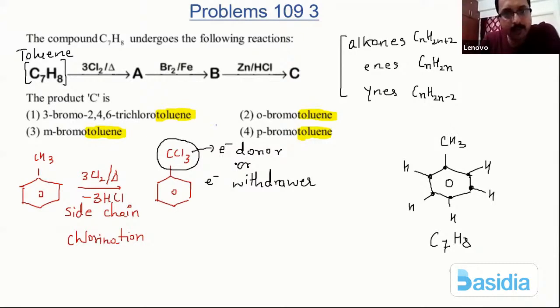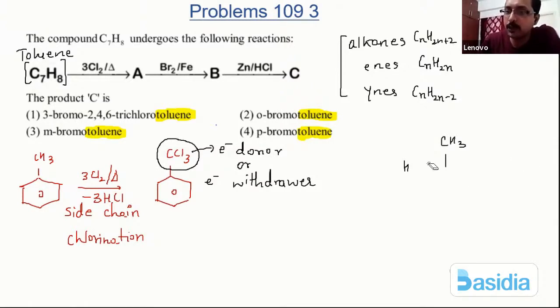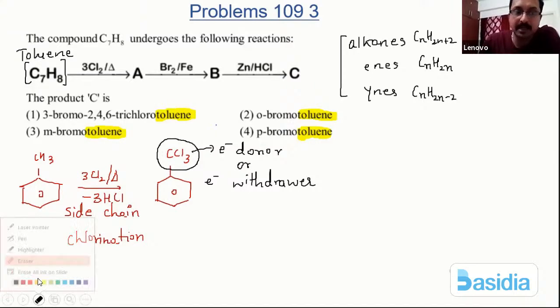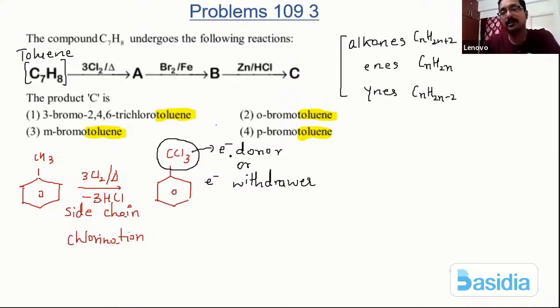So what is going to happen if it is an electron donor, or if it is an electron withdrawer? Based on the group already present on the benzene, the incoming electrophile gets its position, correct? If it is an electron donor, the electrophile goes to either the para position or the ortho position.